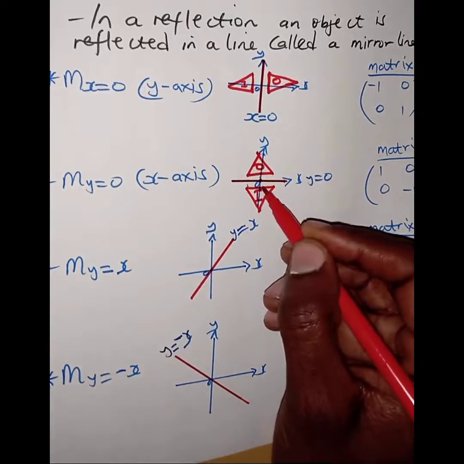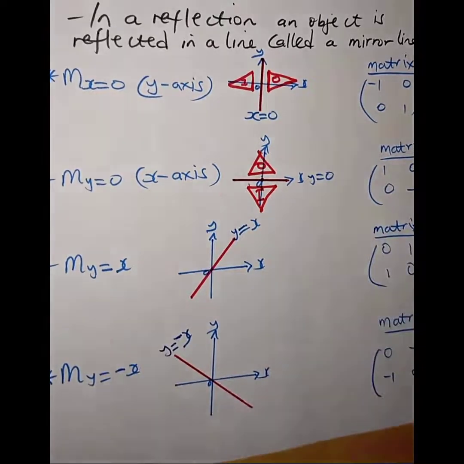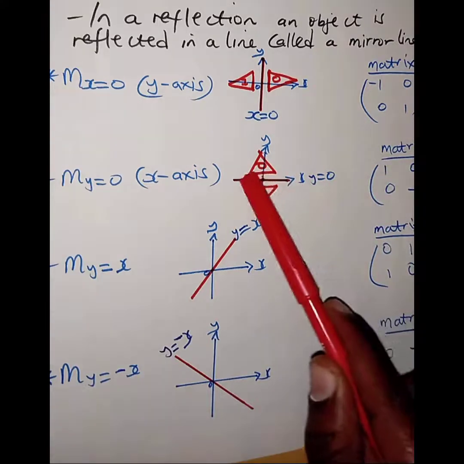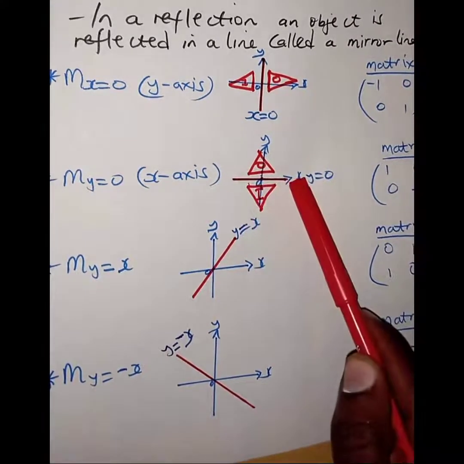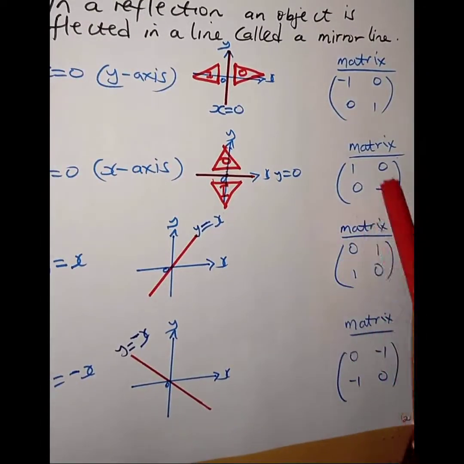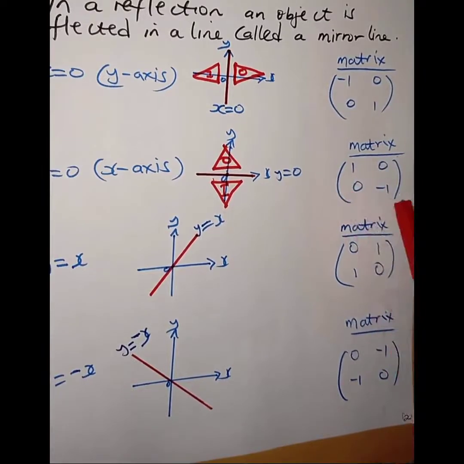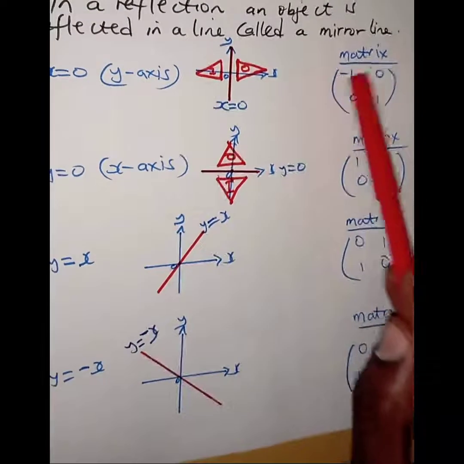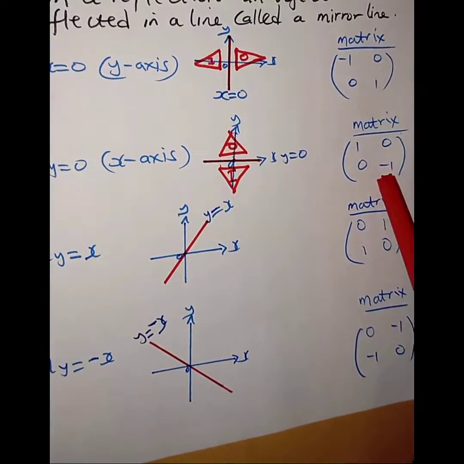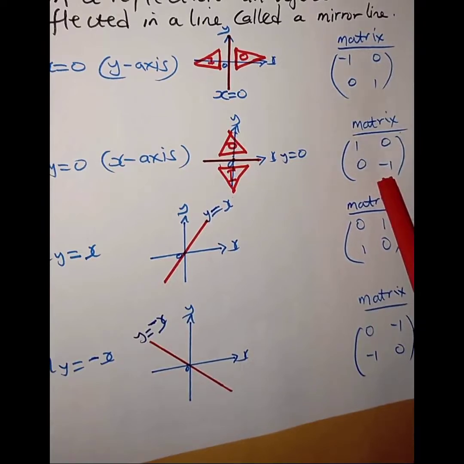So it will be reflected in this way. What happens when you get a mirror to see your face? Your forehead will be seen first on the mirror. These are facing each other, showing you that this is a mirror line. So the matrix for this type of mirror line is (1, 0; 0, -1). Have you seen the difference? The -1 which was here is now down, showing that the mirror line is now on y equals 0.